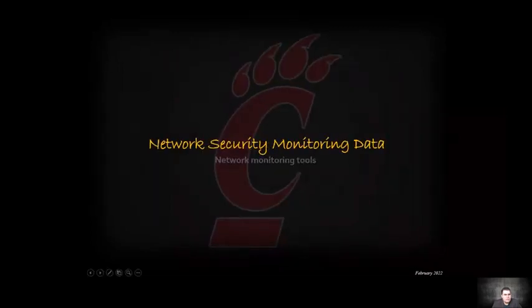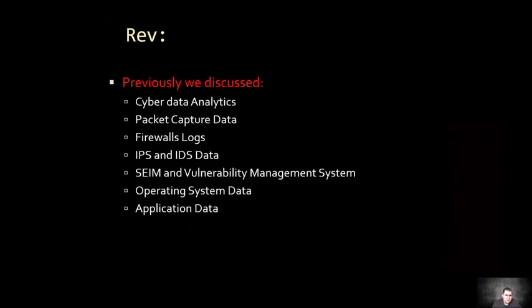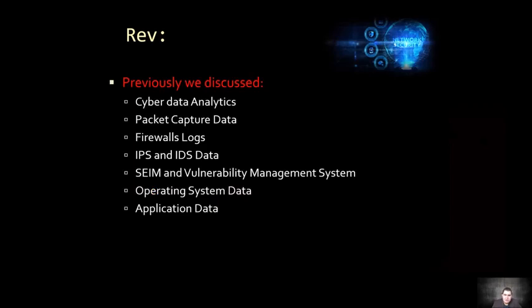First of all, today we'll talk about network security monitoring data, and it's based on network monitoring tools that we'll discuss. As a first review, in the last module, we talked about cyber data analysis and the analytics behind it: the packet capture data, firewall logs, IDS and IPS data, and what is the difference between the firewall log and the IPS and IDS data, as well as vulnerability management systems.